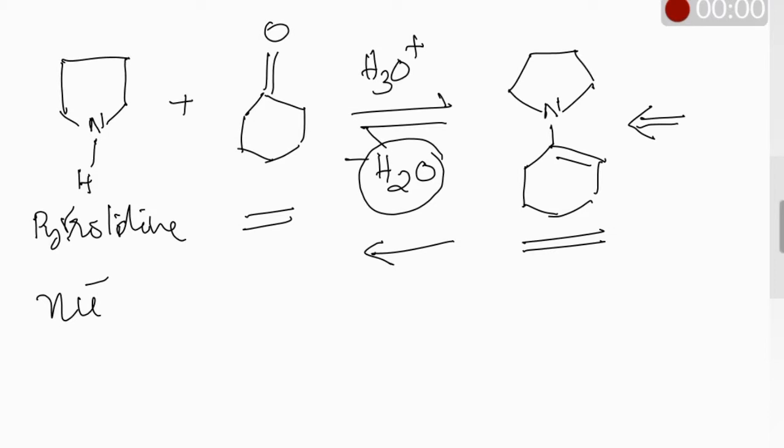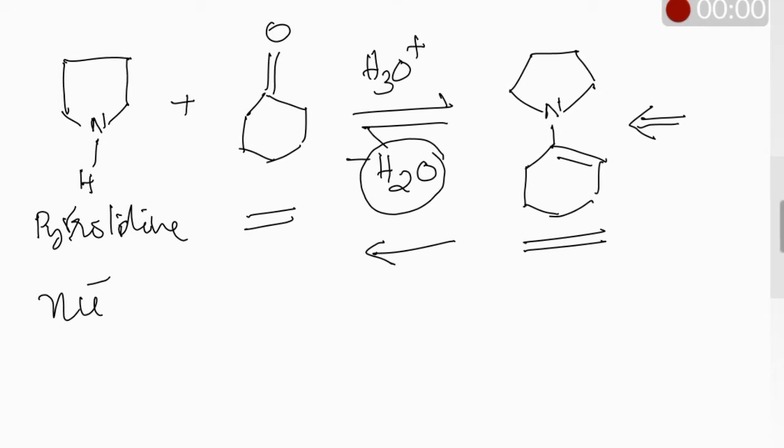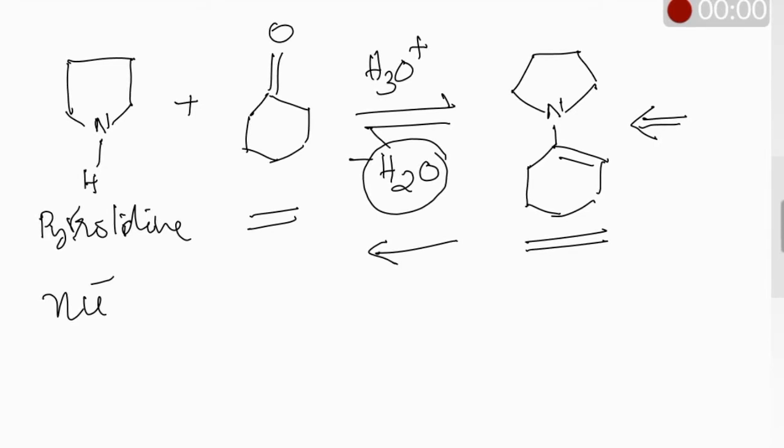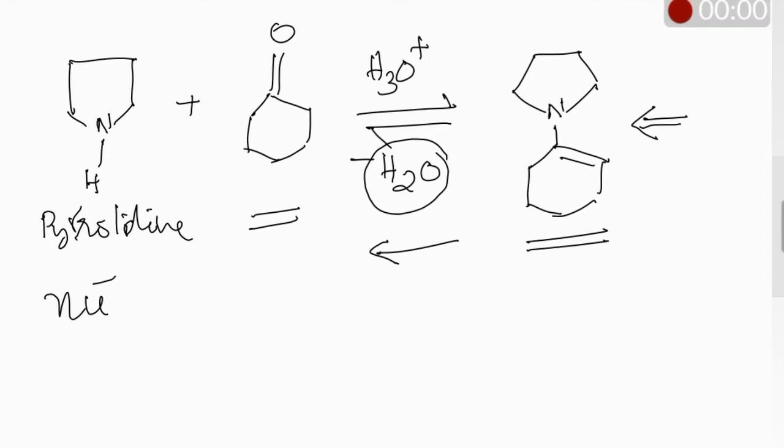If you want to use enamines, there are three important steps. First, the enamine has to be formed. And second is the reaction with an electrophile in order to form an iminium salt.